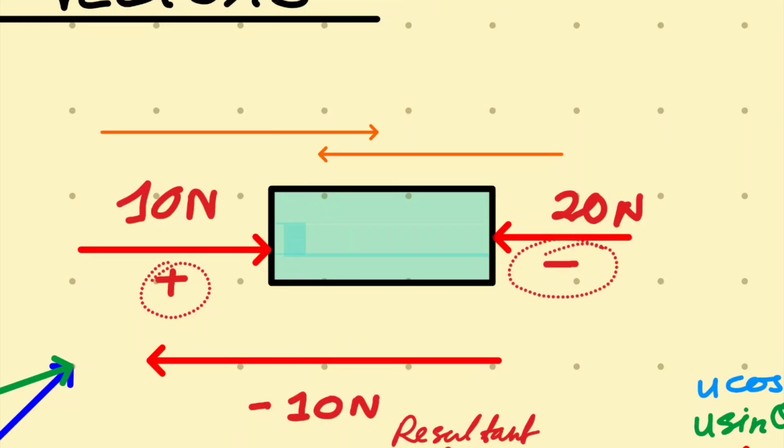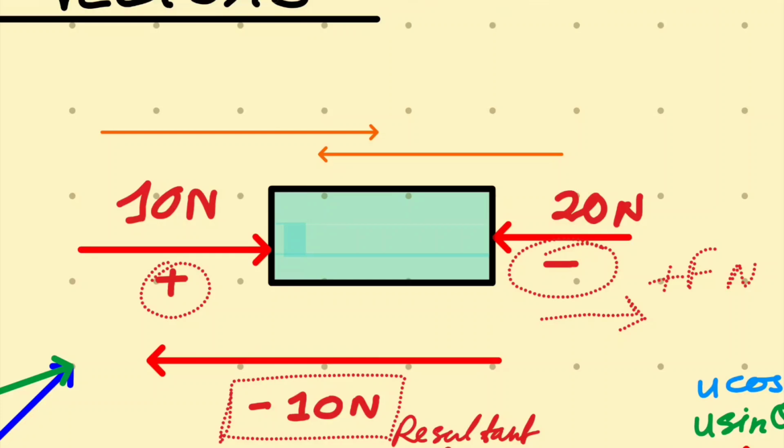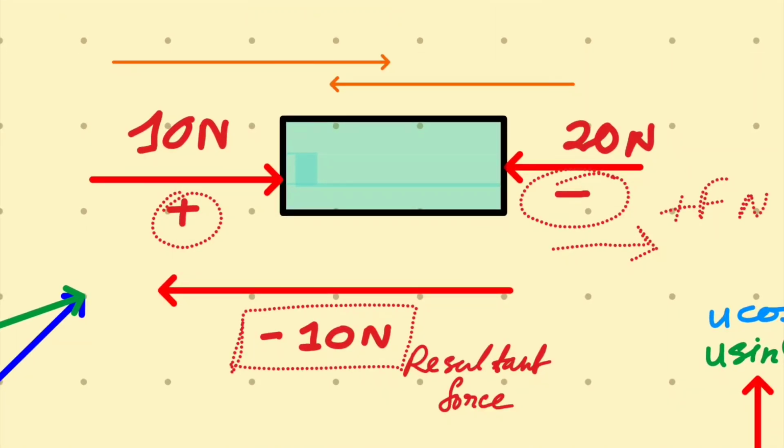If my resultant force is towards the right, I could say the resultant is in plus and then the force and then the newtons. But when my force is towards the left, this is how I write it: negative 10 newtons. That is my resultant force because 20 is a bigger force.